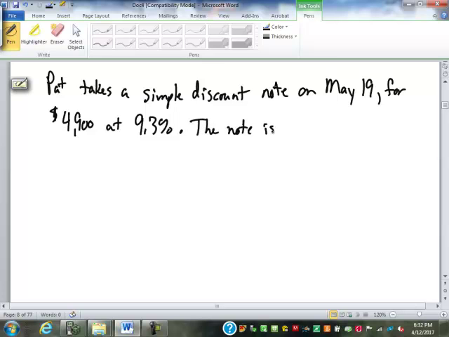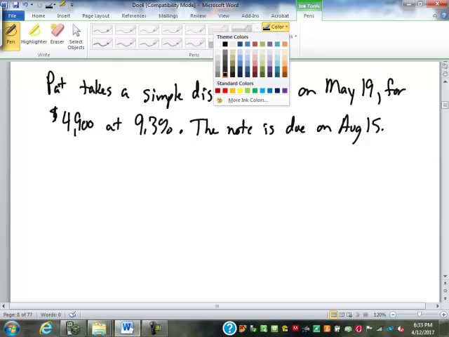The note is due on August 15th. Find the effective rate.